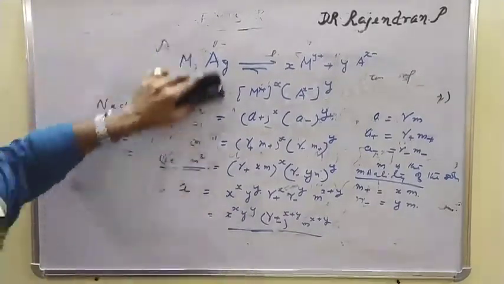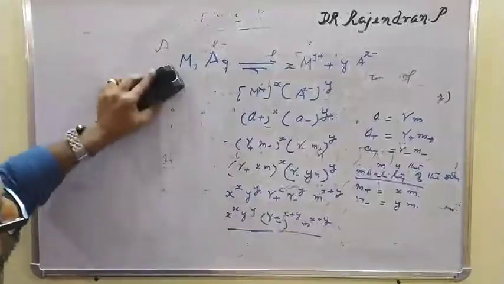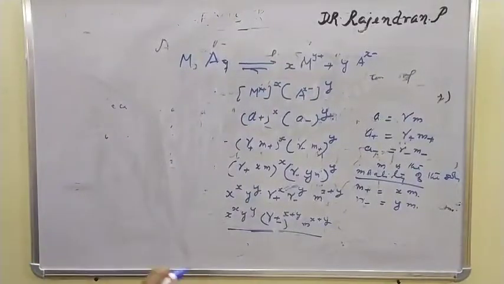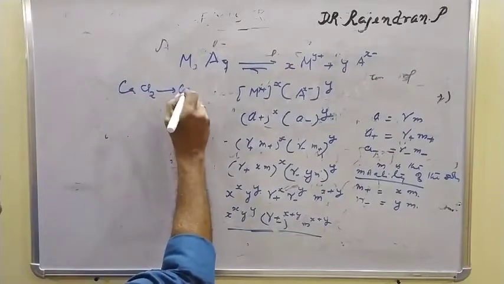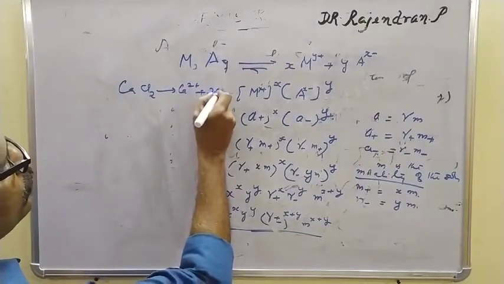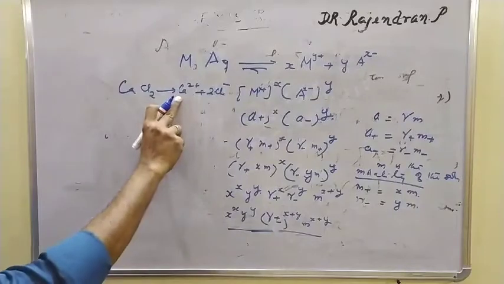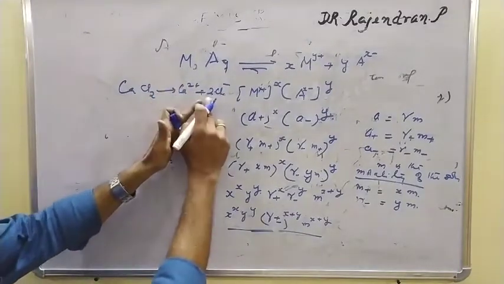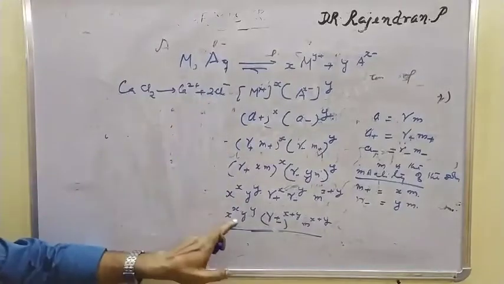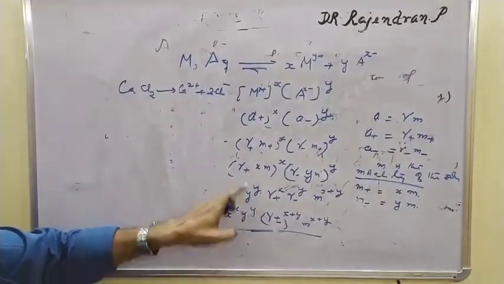Suppose we have another type of solution, calcium chloride, CaCl2, giving Ca2+ and 2Cl−. Here we have one positive ion and two negative ions. Therefore, x is 1 and y is 2.